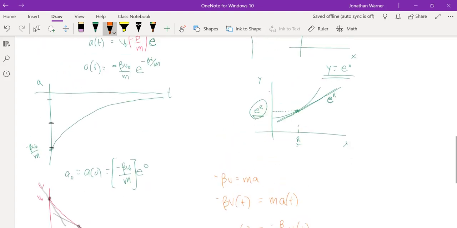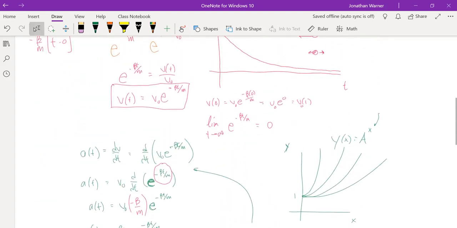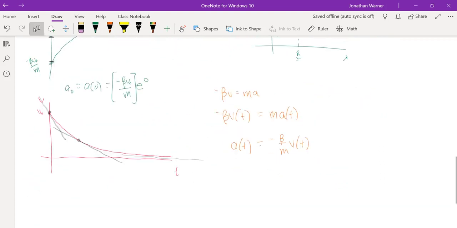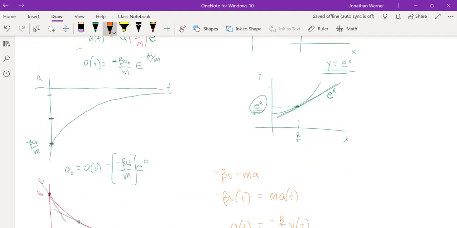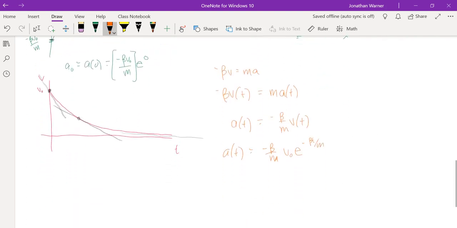And what was our velocity function? Our velocity function was here. It says that a of t is negative b over m v naught e to the negative bt over m. And that agrees with our differentiation of the velocity function. This way sure is, quote, easier, but it's nice that they agree with each other. They better darn well agree with each other.